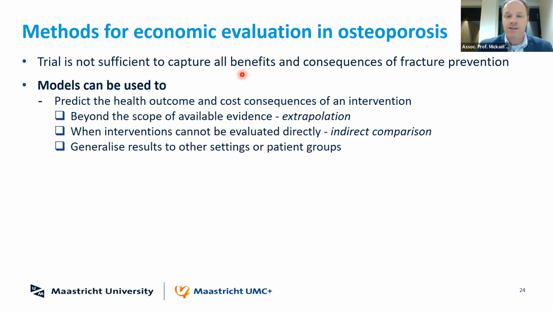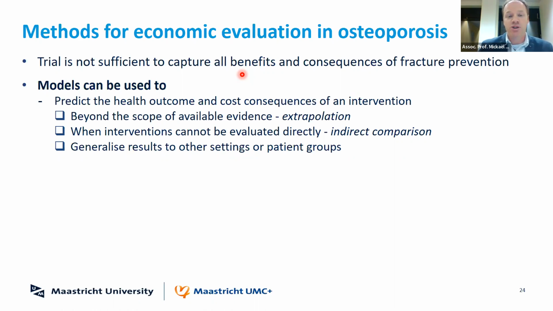Because if we prevent a fracture, we will have benefit not only during the trial, but we will have benefit over the long term, because preventing a fracture could reduce the cost in the future, could also improve the quality of life, and could also lead to some additional life years. So we really need, in an economic evaluation, to capture all of the benefits and cost of fracture prevention.